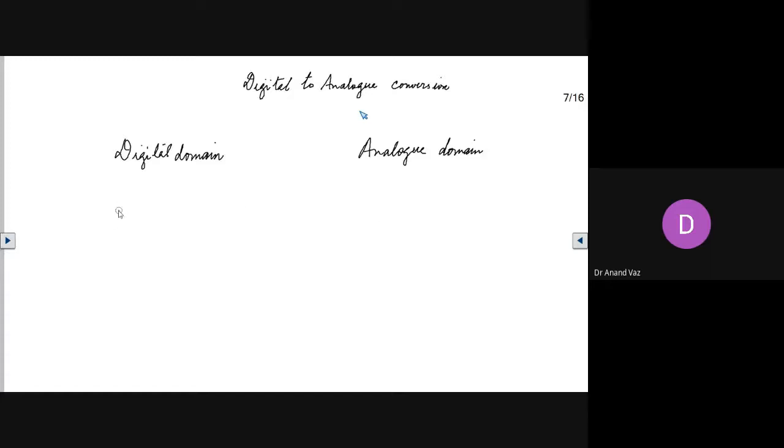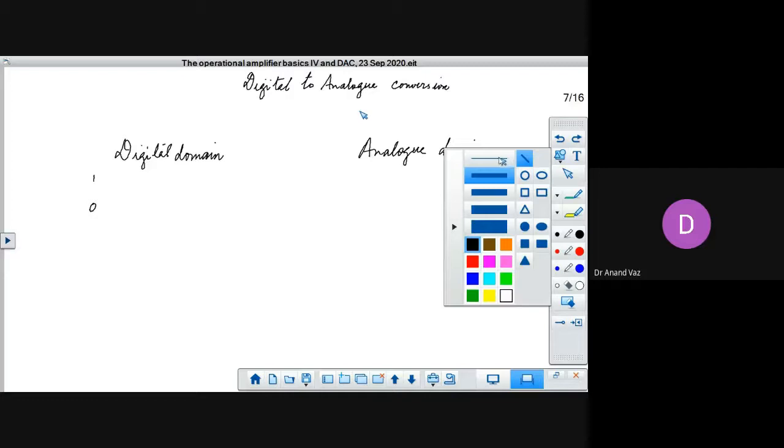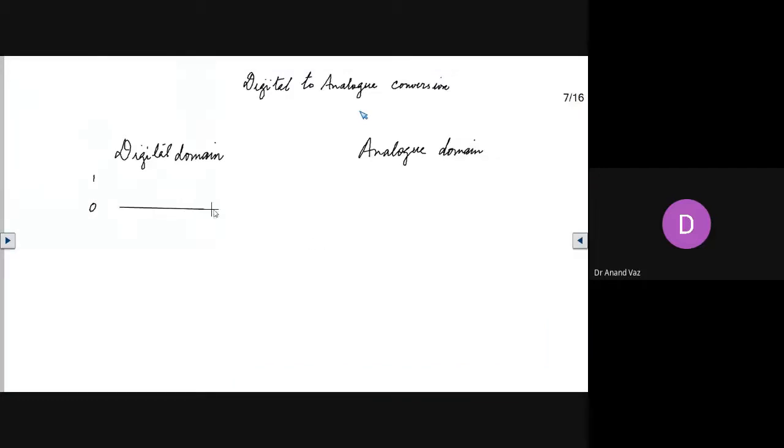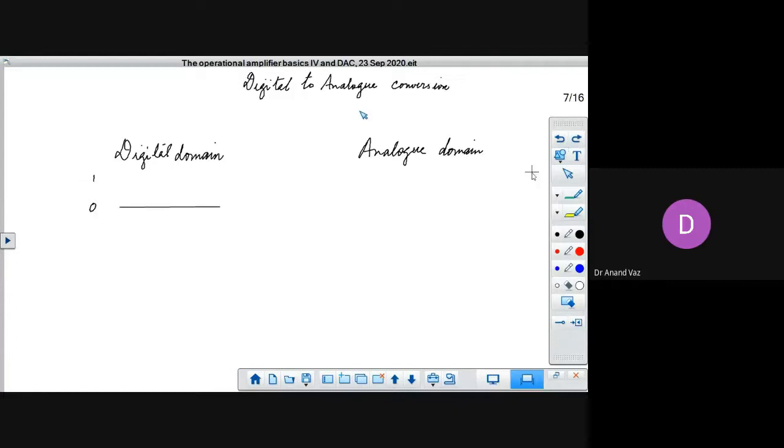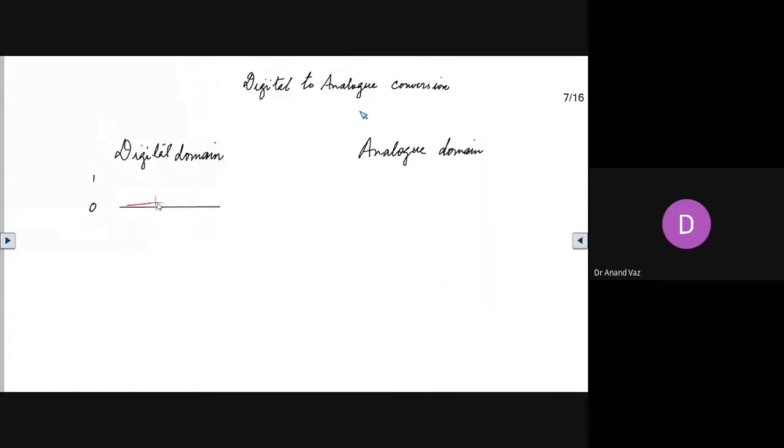Just to give you an idea, when we say 0 or 1 here in the digital domain, we could also think of it as a signal which is 0, or a signal which is 1. 1 would mean 5 volts, let us say.